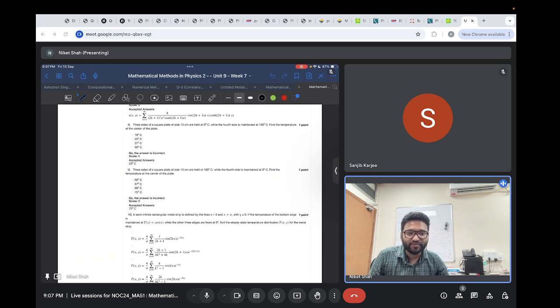Three sides at 100 means we might have to take the cos function. Here maybe the sine function will not be maintained. But again, the rest of the things are absolutely the same. You just start with the basic form that we started with, implement the boundary conditions, and you will see what form works.